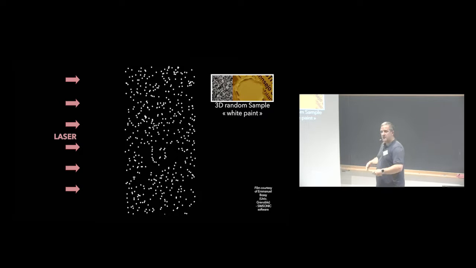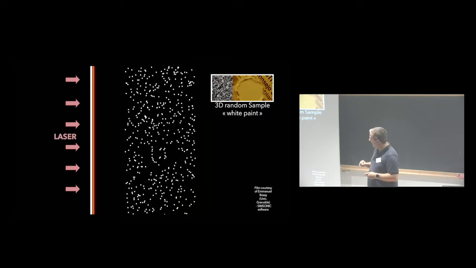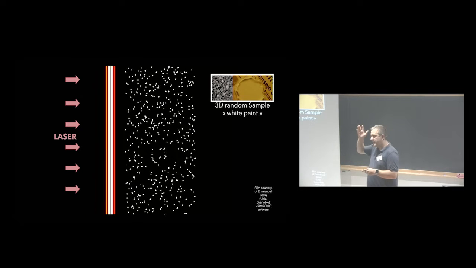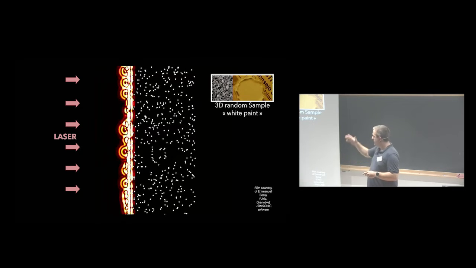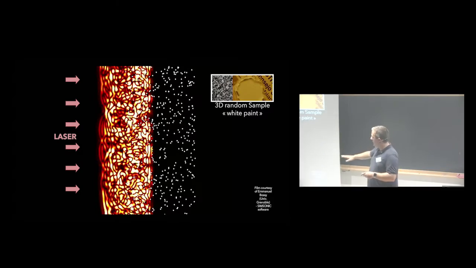Of course, if you now take this white paint that I was showing you before, things get much more complex, and you can't really assume there is just a single scattering event on average. There is much more than that. What happens then is shown in this nice simulation. Now the pulse arrives, and you will see the ballistic light very quickly completely disappear. So there is an exponential attenuation. It's gone now.